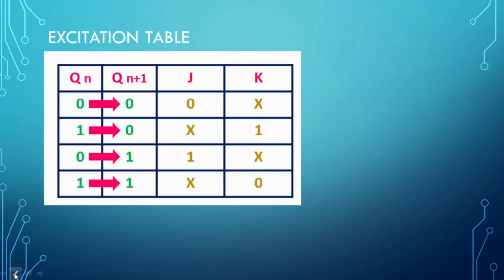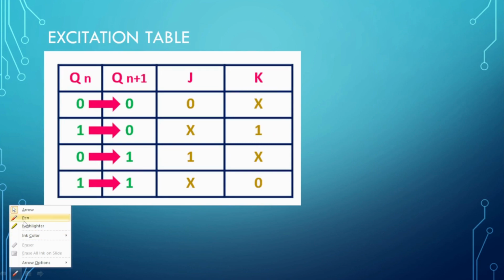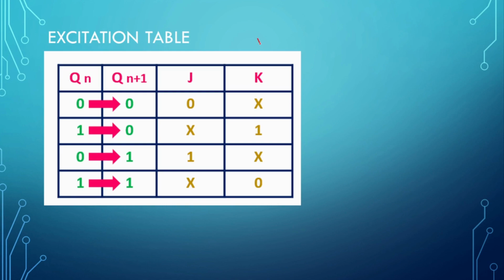This is the excitation table of the jk flip-flop. The excitation table of the jk flip-flop is the opposite of the truth table. So the first column is filled with qn, the second column is filled with qn plus 1, and j and k are the outputs.